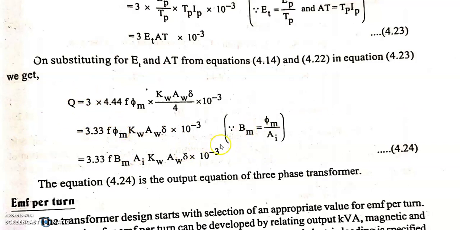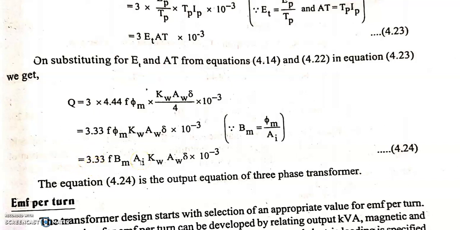So we can write it in terms of flux density also. So flux phi m will be equal to Bm into Ai. So that this equation is 3.33 f Bm Ai Kw Aw delta into 10 to the power minus 3. So the only thing is, for a single phase transformer it is 2.22 with the same factors, and for a 3-phase transformer it is 3.33, because one more limb is added.